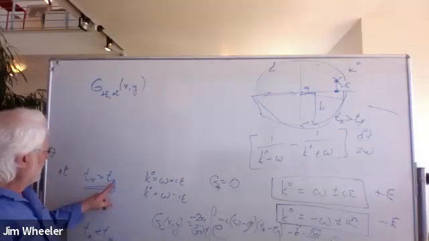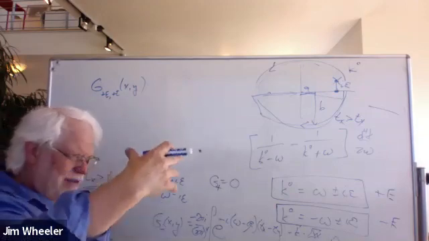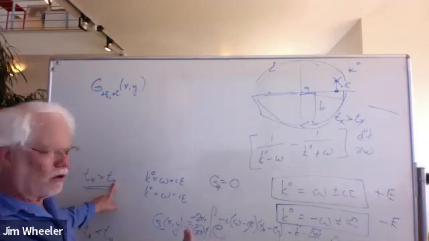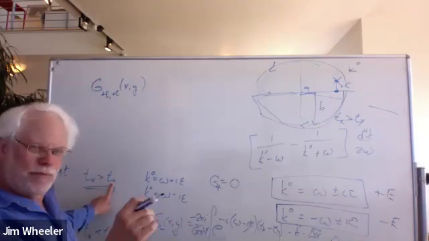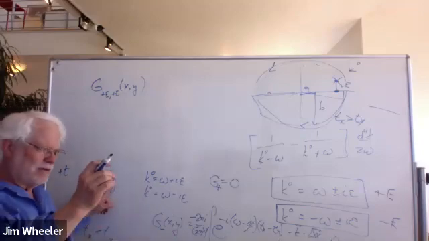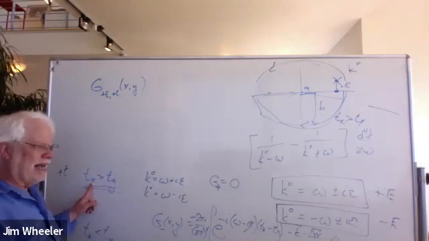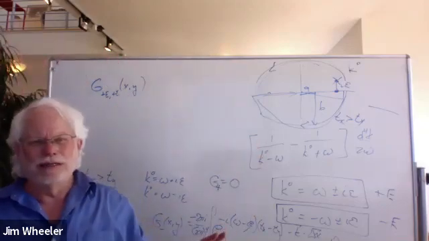ty is the time, the position in time, or the y coordinate in general, y alpha, is the space-time point where the source charge is. And tx is the position where we want to know the field.